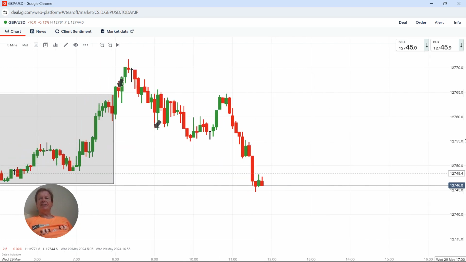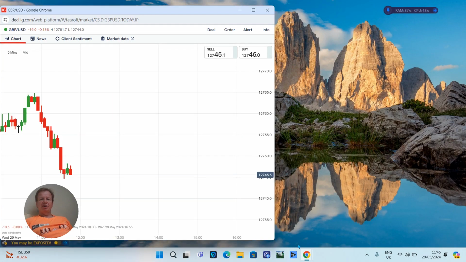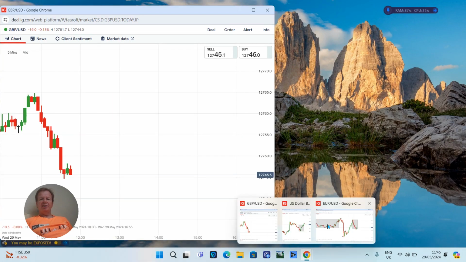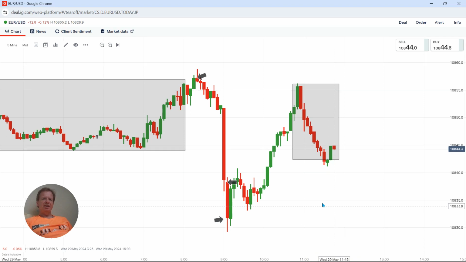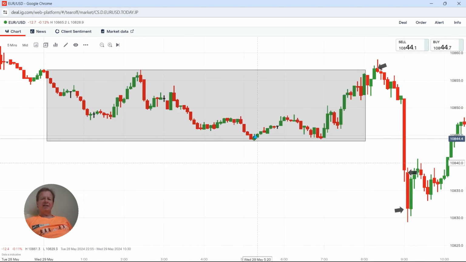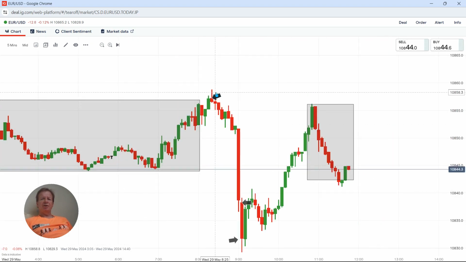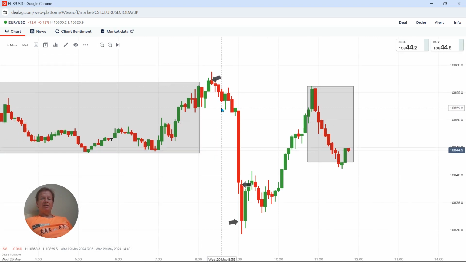And because I've had success with the Euro US, that's what I looked at. So I went and had a look at the Euro US chart. This grey box here is the Asian range, an even tighter range. Because it hadn't broken out at the top when I took out the pound US, that's why I took the pound against the US dollar.